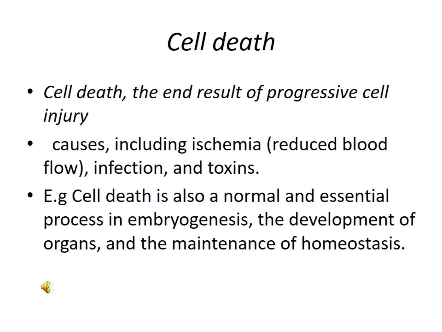Just like adaptation, cell death is not only pathological, but it is also a physiological process. So you can see cell death in embryogenesis, in the development of organs, and for the maintenance of homeostasis.